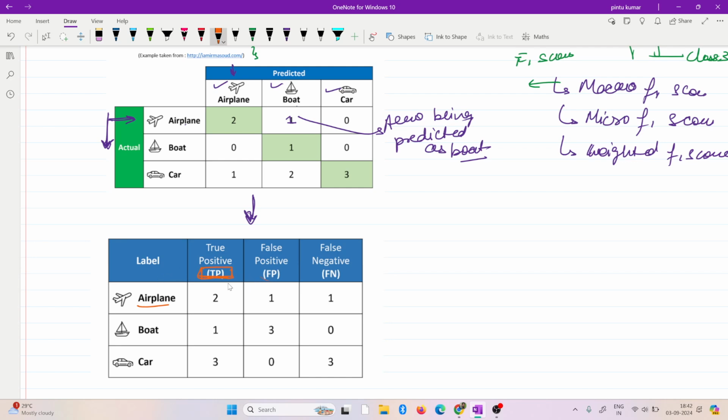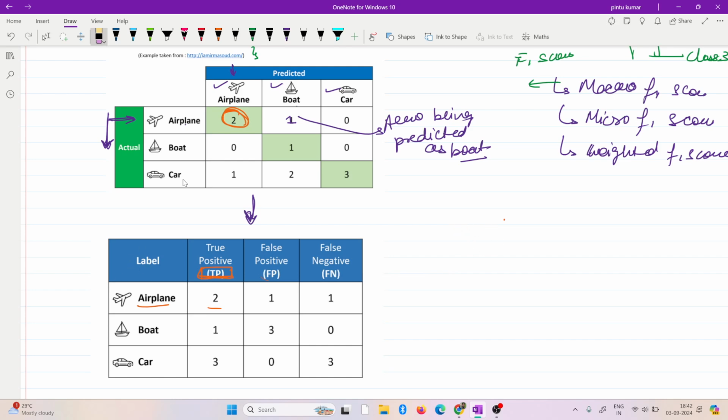The number of points which are aeroplane and also predicted aeroplane is 2. You might be wondering why we have only 3 entries here. Because we are interested in calculating F1 score, and F1 score doesn't use true negative anywhere, we are not explicitly calculating it, but you can calculate it for every class.